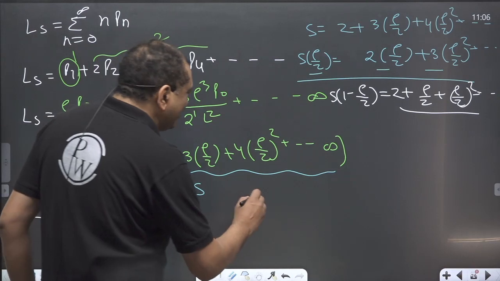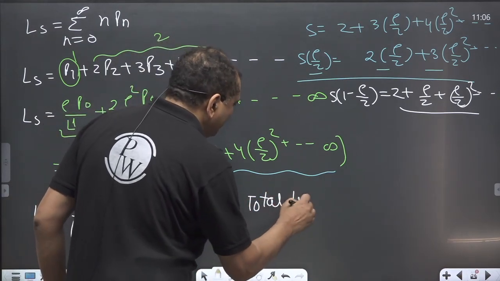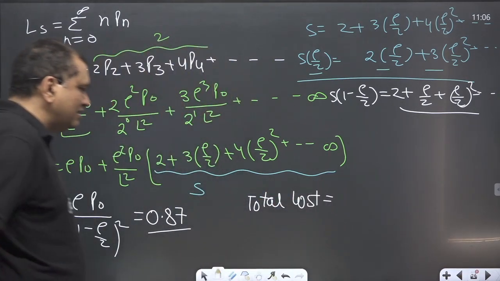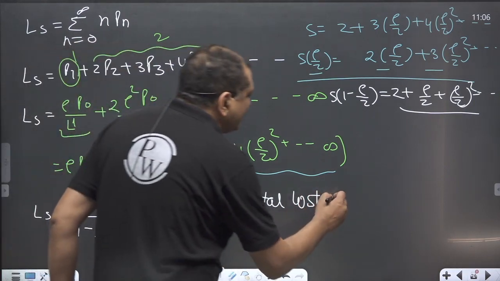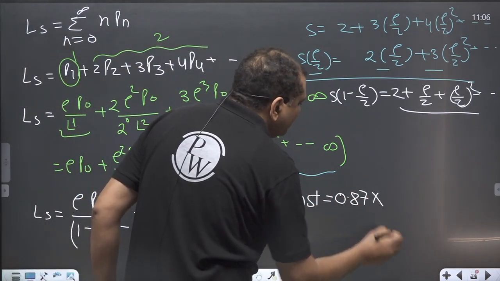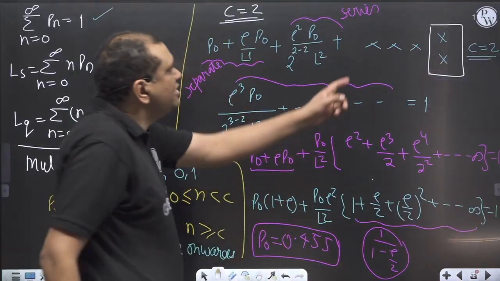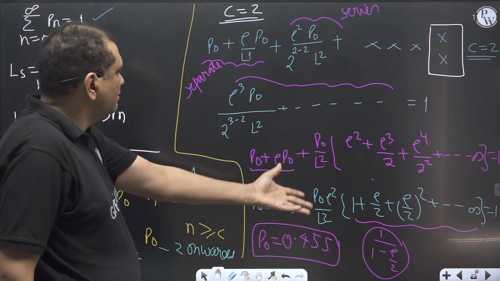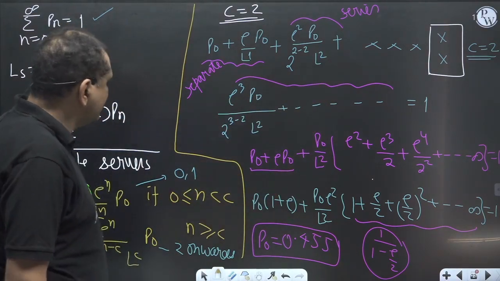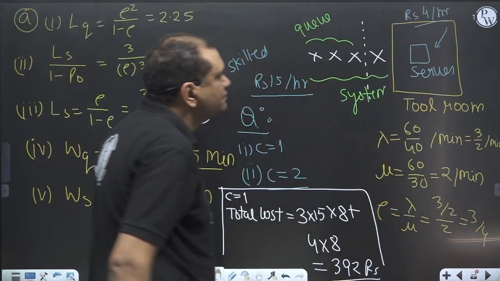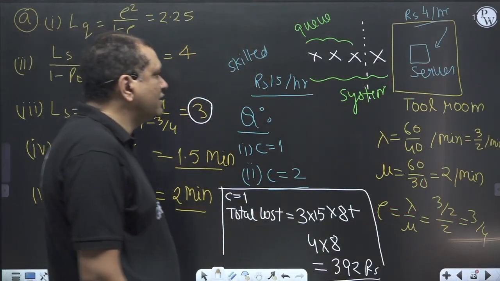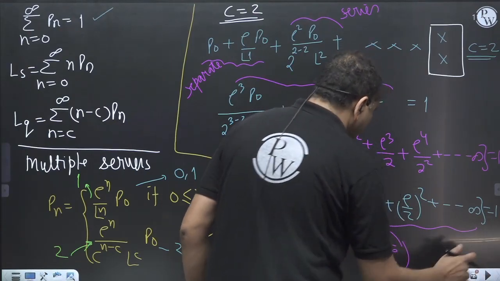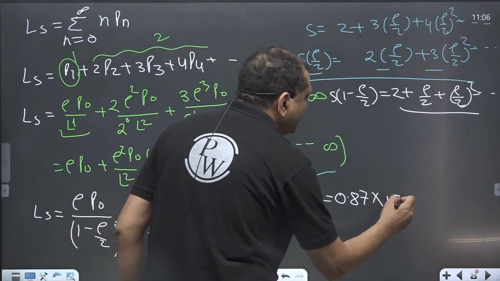Now the same thing, I will calculate total cost. On an average, 0.87 people will be in the system. And how much is the cost? Skilled worker cost is 15 rupees per hour.